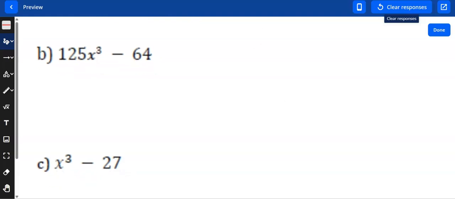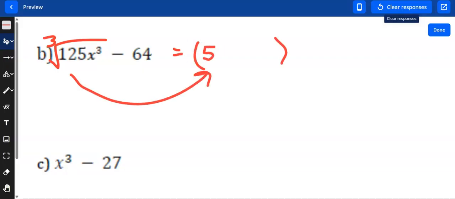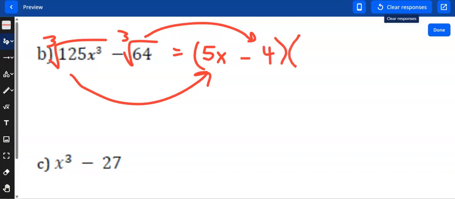Or practice. So cube root of that would be 5x, and the cube root of 64 would be 4. Same sign. Square it.